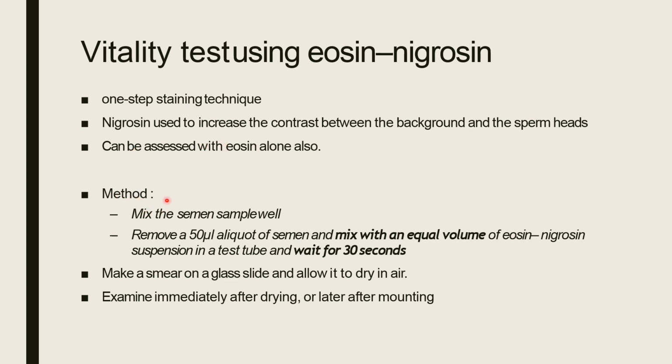We mix the semen sample and remove a 50 microliter portion of semen, and mix with an equal volume of eosin-nigrosin in a test tube, and then wait for 30 seconds, and then make a smear like we make for the blood, that is for WBC counting. So we make a thin film of semen on glass slide, and we then allow it to dry. After drying, we examine it under microscope.